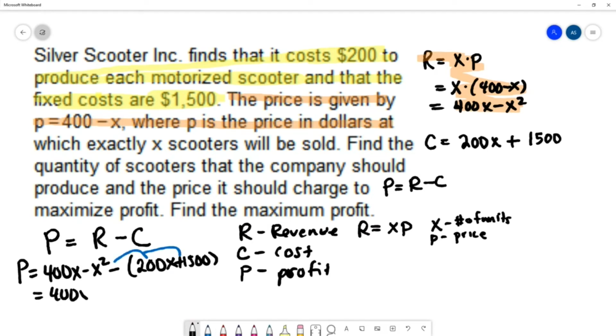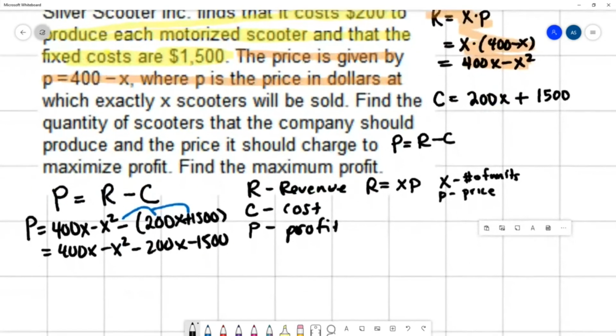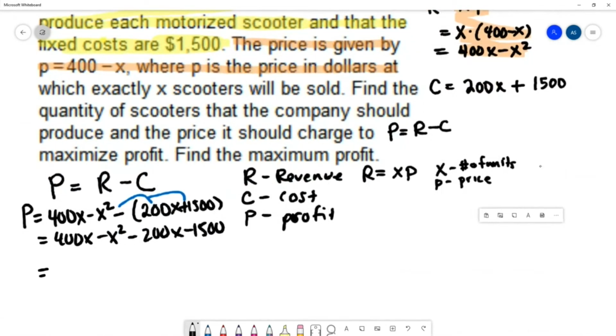That's 400X minus X squared minus 200X minus 1,500. So we have a profit function, if I combine like terms, negative X squared plus 200X, 400X minus 200X is 200X minus 1,500. So this is our profit function.